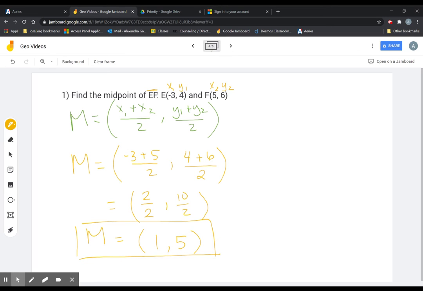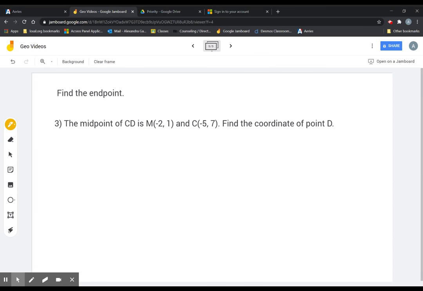Okay. Now the other type of problem you'll see is you're given the midpoint, and you need to find the other endpoint. So let's say I've got CD, and they give me the midpoint. So we kind of place it the way that it's drawn here.